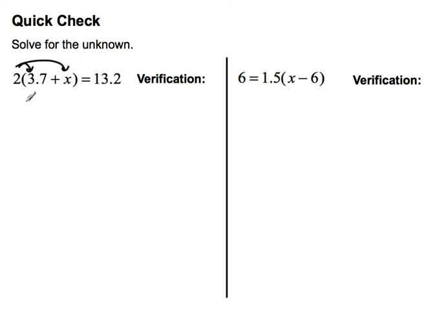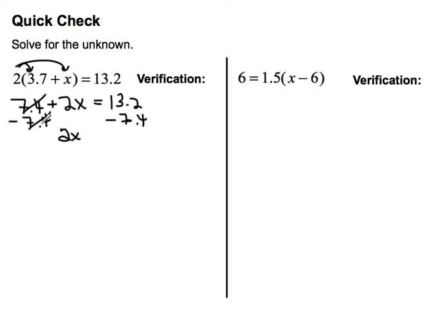So 2 times 3.7 would be 7.4. Geez, I hope I don't make any math errors. 2 times x is 2x, and I get 13.2. 2x, sorry, my apologies, I have to zero out that positive 7.4. So let's zero it out by negative.